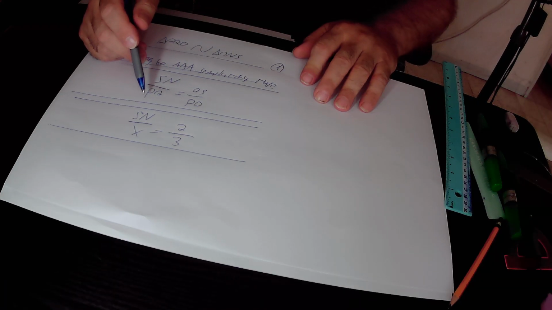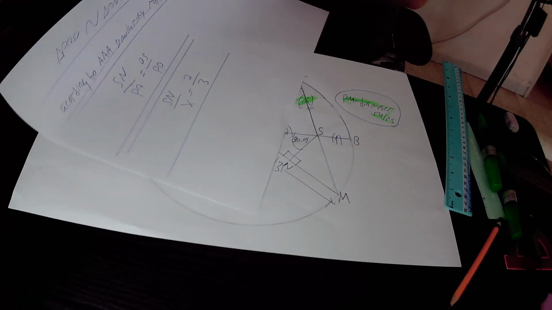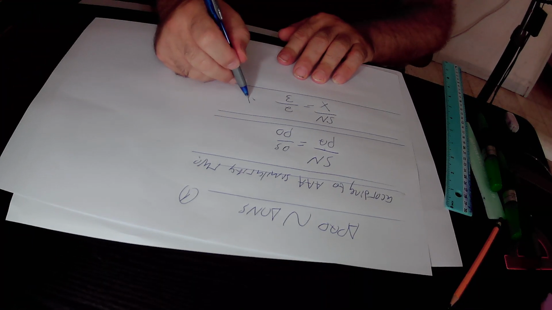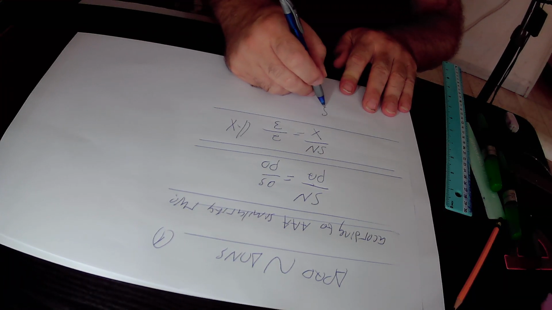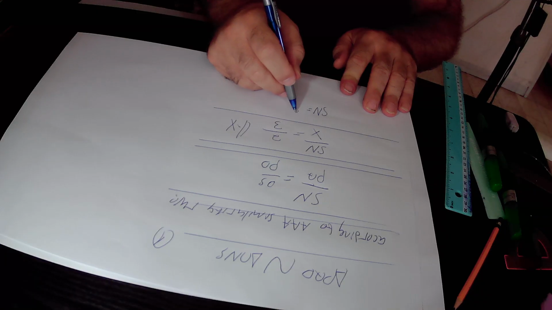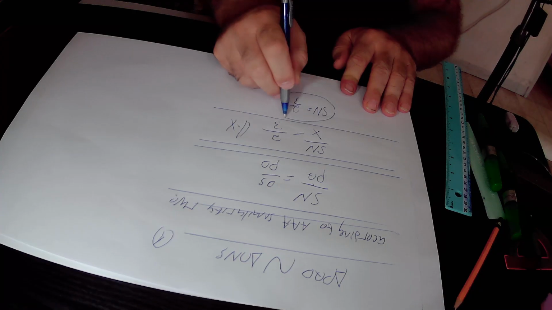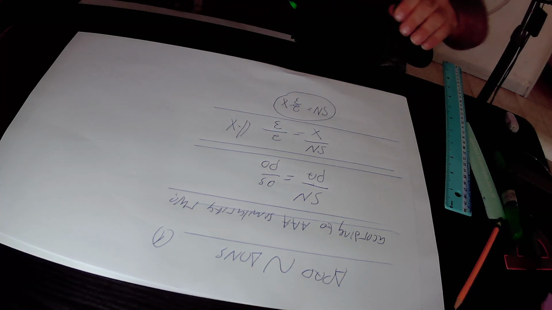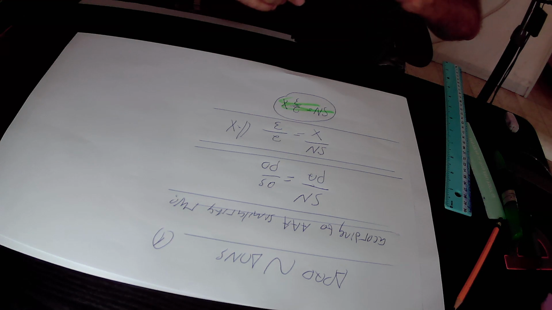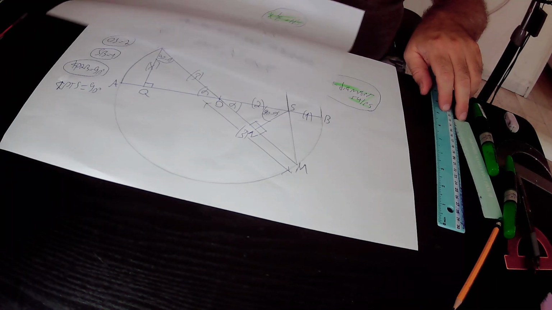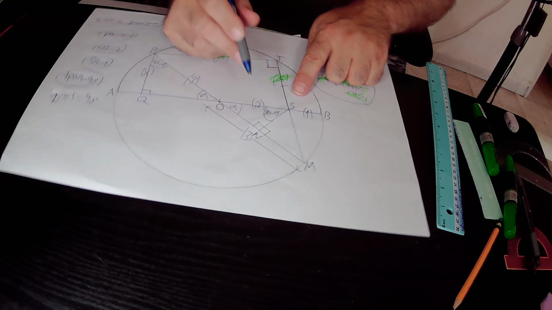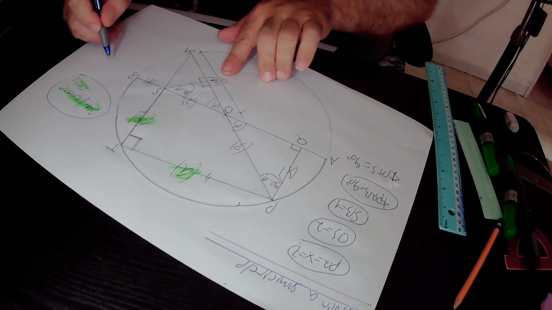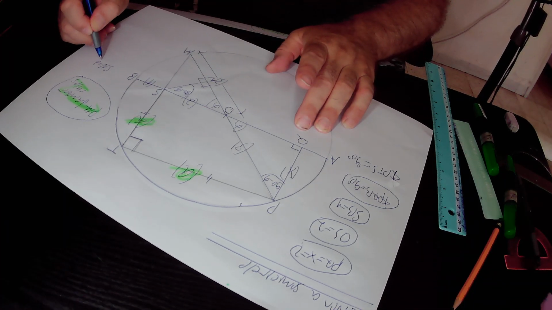Here we will multiply this equation by x, and we get that the missing side SN is equal to 2/3 x. This is the missing side SN, that equals 2/3 x. So it is now found out that SN equals 2/3 x.